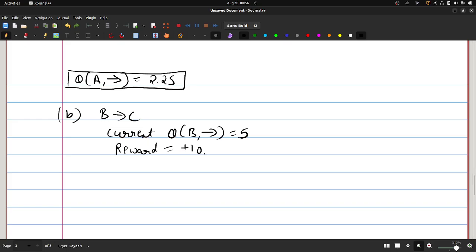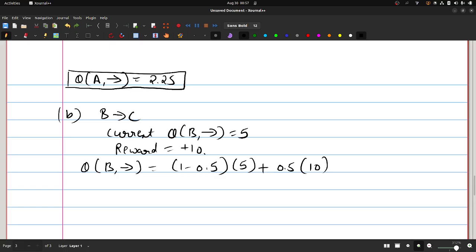So the Q value for B when it takes a right action will be 1 minus alpha, 0.5, times the Q value for the current state, which is 5, plus alpha times the reward.